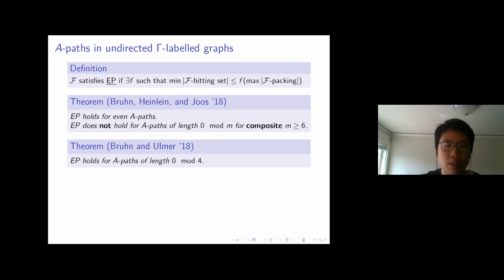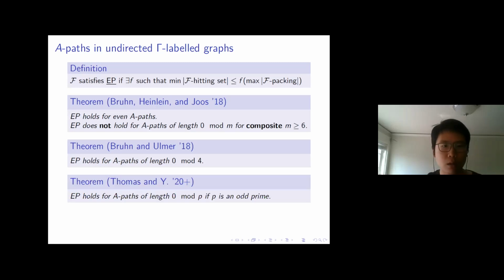Okay, but this was the state of the results, and the only remaining cases for 0 mod m is when the modulus is an odd prime. Because for every composite that's not 4, it's false. For 4, it is true. For even A-paths, 0 mod 2, that's also true, but the only remaining cases were odd primes.